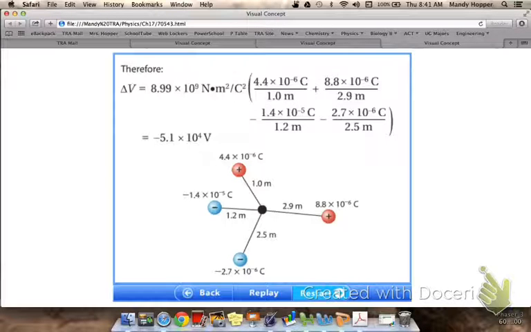The equation that she had was delta V equals Kc times Q1 over r1 plus Q2 over r2, and this just keeps going. It depends on how many points you've actually got. So you could have a Q3 over r3, Q4 over r4, and so on. This one does have 4 different points. It shows you your Q value, which is your charge for each of those points. It shows you the distance r that it is from the reference point, that's the black dot in the middle, and how you calculated it.